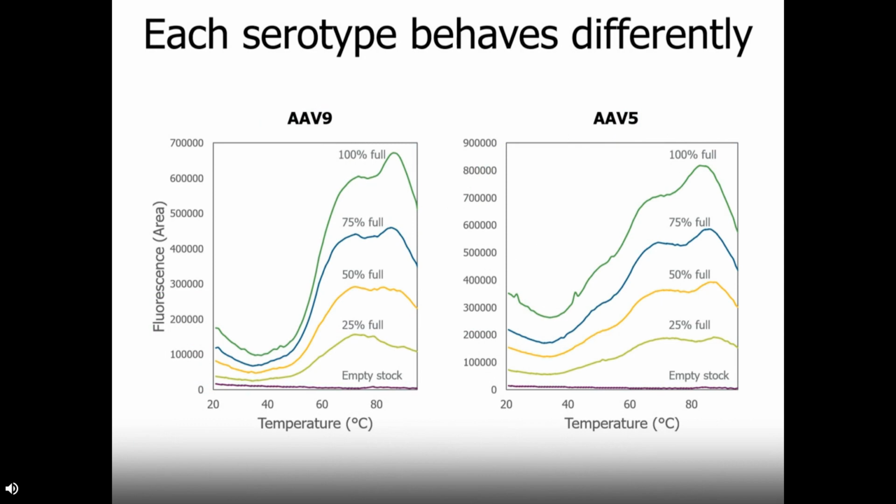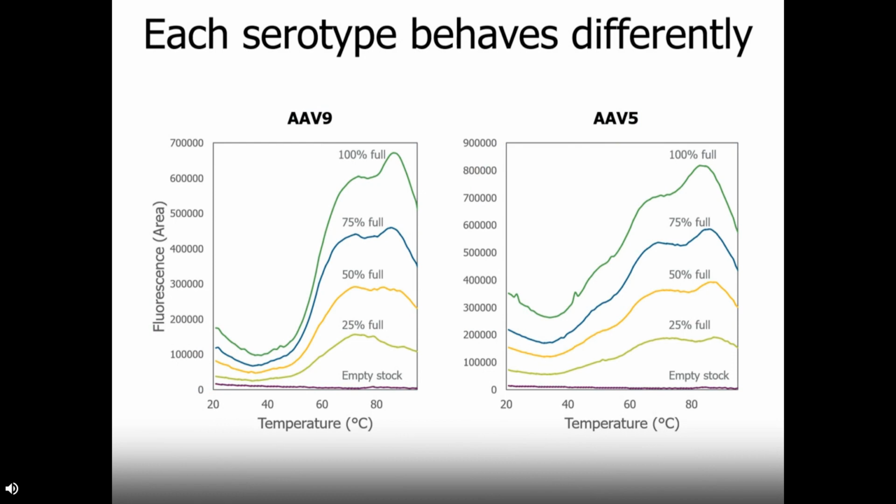As we read tons of samples on the Uncle, we've noticed that each serotype behaves very differently. So here I've shown a series where we've mixed together empty and full capsids for AAV5 on the right and AAV9 on the left. What you can see is a couple of different observations.